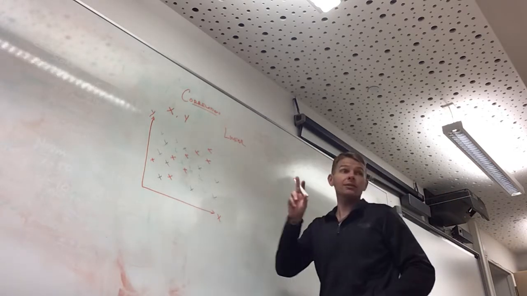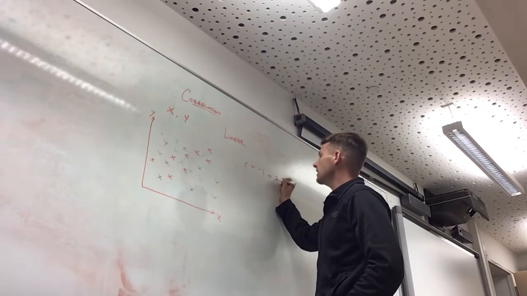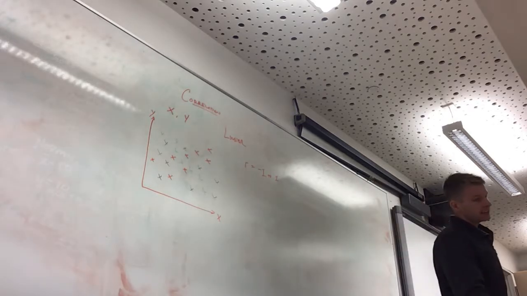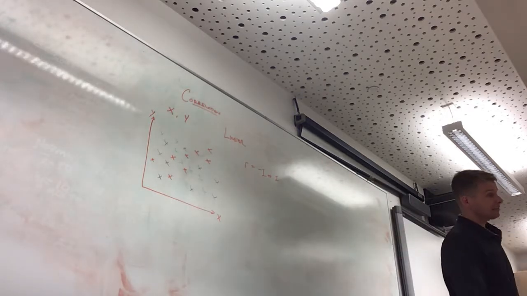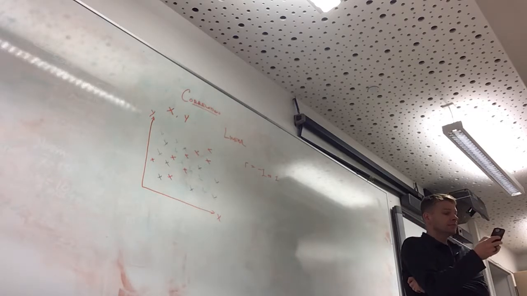So number one, is there a relationship? And then the R value, which goes from -1 to +1. All right? If it's 0 or closer to 0, it means it has no relationship. All right? No relationship.